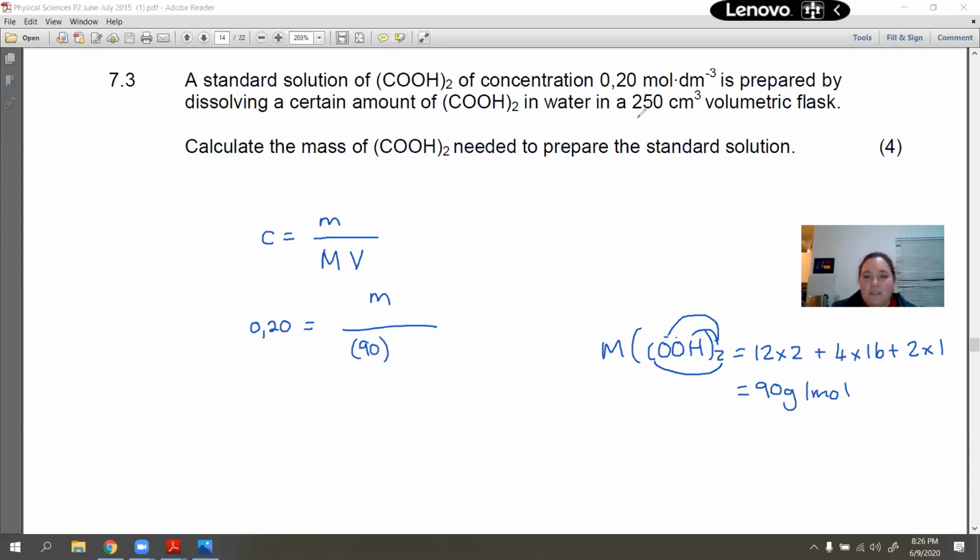The volume, since it's 250 centimeters cubed, please don't forget to convert it to decimeters cubed. So to get m as the subject of my formula, I must be careful. Everything gets multiplied together. So it's 0.2 times 90 times 0.25. 0.2 times 90 times 0.25 gives me an answer that I need exactly 4,5 grams.